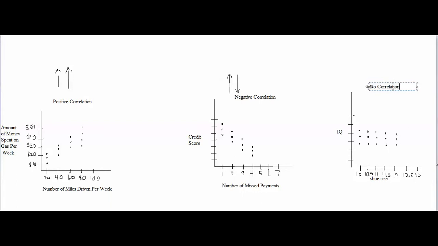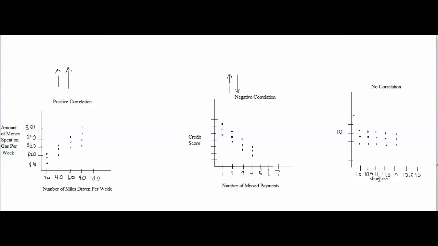What that means is it appears like shoe size and IQ have nothing to do with each other, because what it seems to be showing is people with higher shoe sizes don't really have higher or lower IQs than people with smaller shoe sizes.